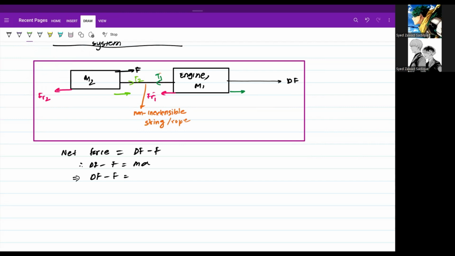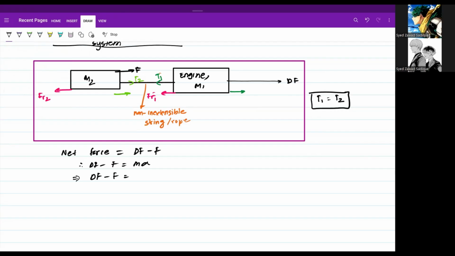Do you know something interesting? We say tension this, tension that. In this entire system, tension 1 is equal to tension 2. Yes, they cancel each other out. I'll show you guys proof.